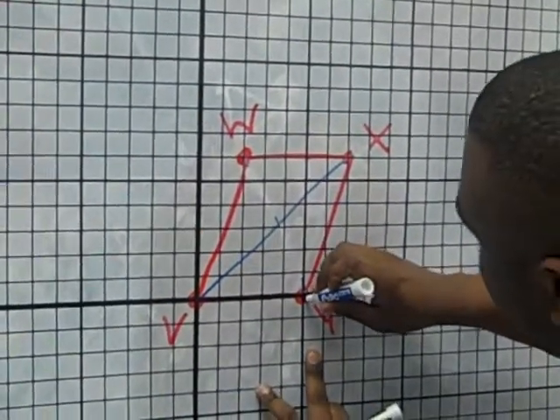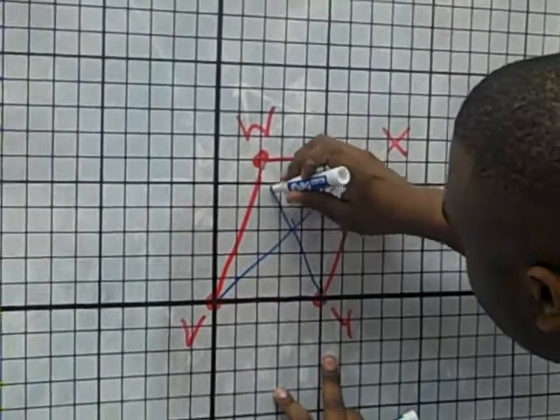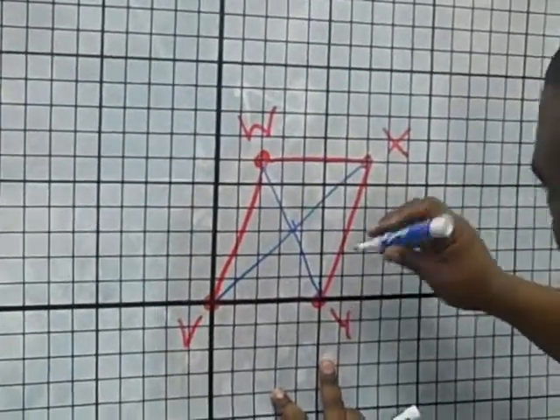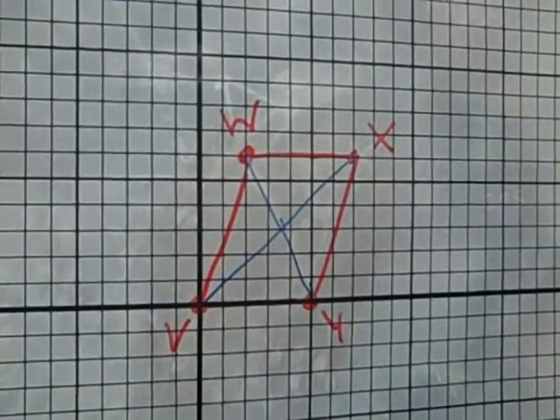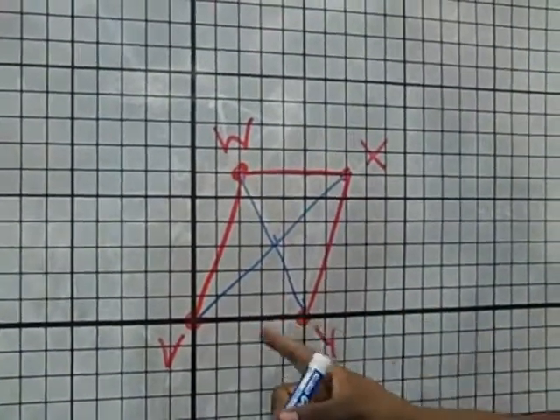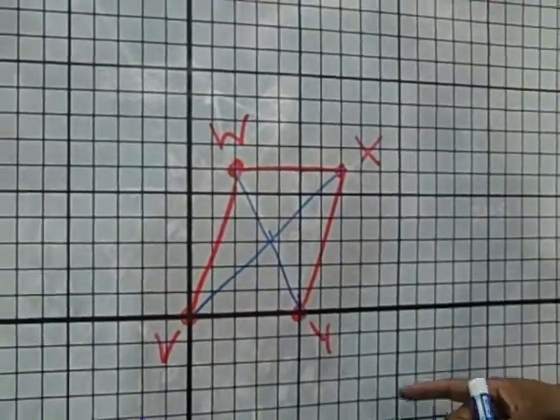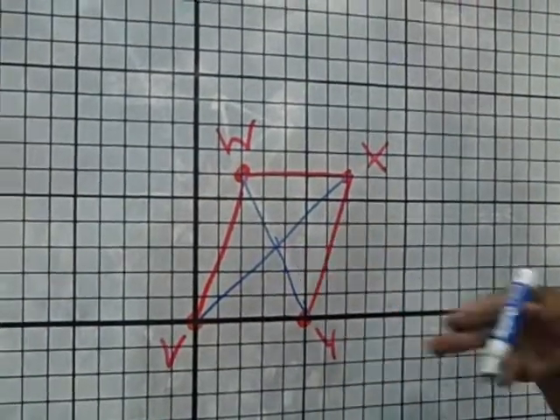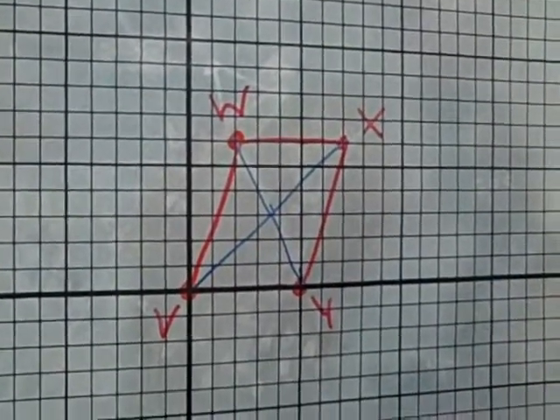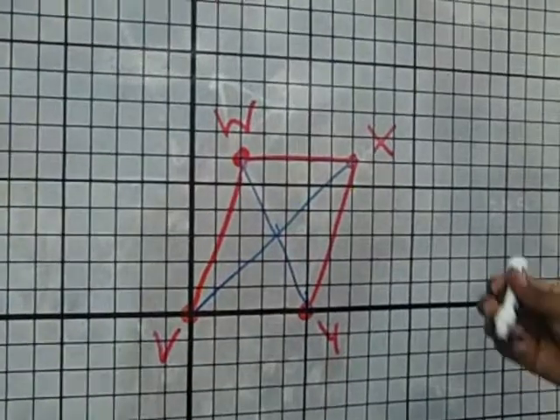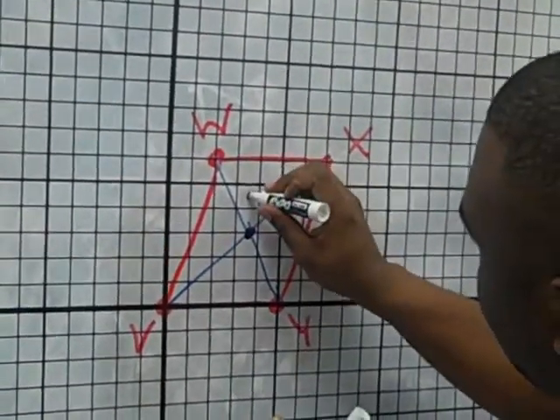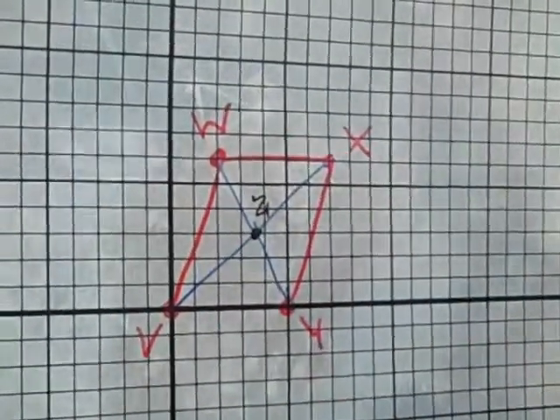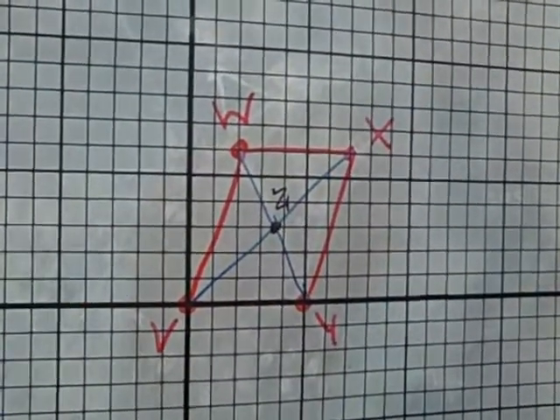I'm going to draw this straight. Yeah, that's a lot better. That's kind of where I want it to be. Now, it's very simple to see where the intersection of those diagonals is, and it's going to be right here. We're going to call that point, in this case, Z.